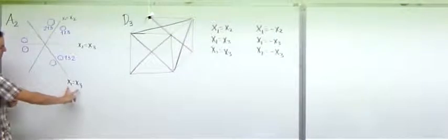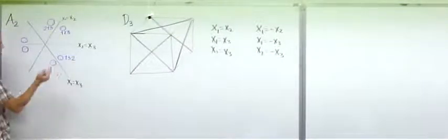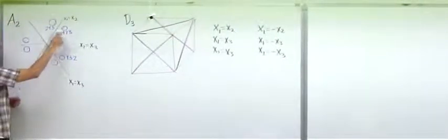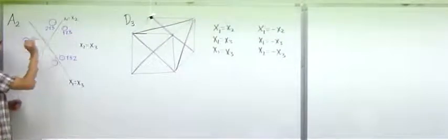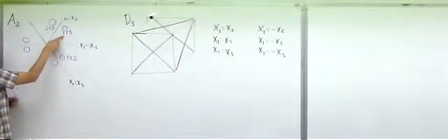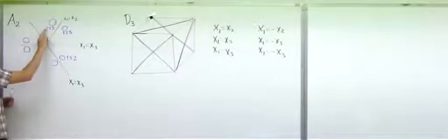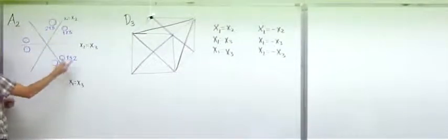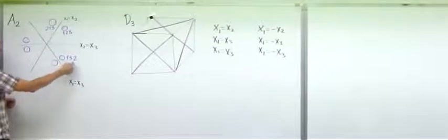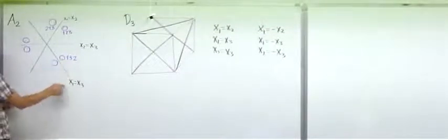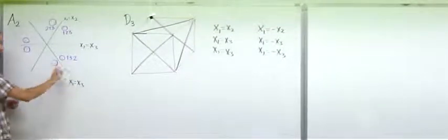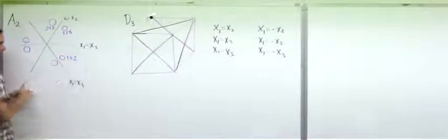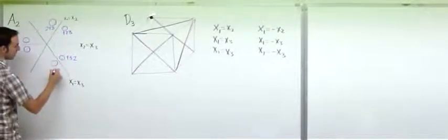The way that you can think about this is that this is the point 1, 2, 3. Imagine that you're standing at point 1, 2, 3. Then as you reflect across x1 equals x2, that's going to switch your first and second coordinates. As you reflect across x2 equals x3, you're just going to switch your second and third coordinates. Now if you reflect across x1 equals x3, that's going to switch your first and last coordinates, and give you coordinates 2, 3, 1.